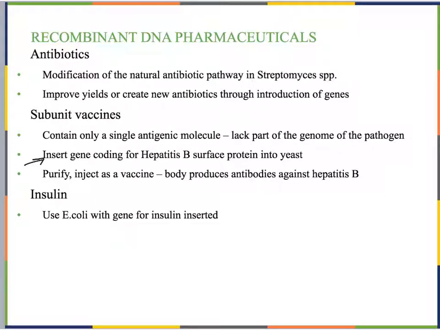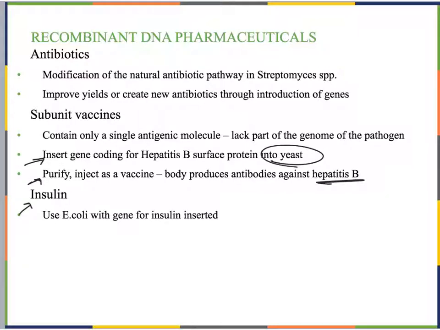And if we do that, then we can inject yeast into a person that has this particular gene on it, rather than injecting hepatitis B, for example, and we would make a vaccine that way. So we would purify it and then inject it as vaccine, and then the body can produce antibodies against hepatitis B, but it's not because they've been given hepatitis B, it's because that actual information, that gene, is going to be placed onto yeast, and then that would be injected into the person instead of actually taking a chance at hepatitis B.